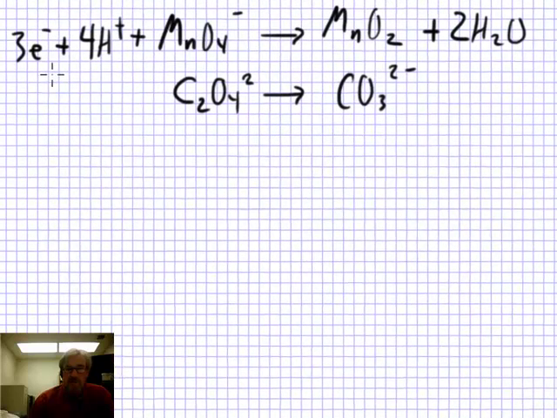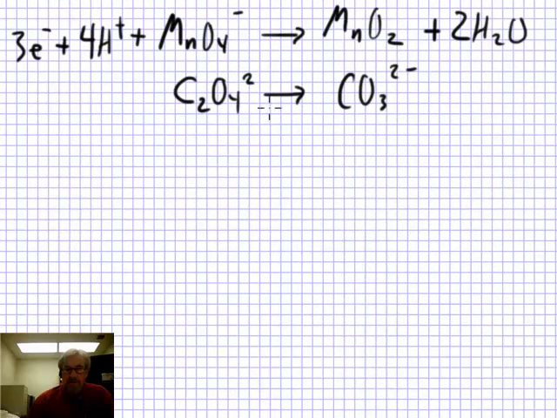Moving to the second half reaction, the oxidation, I have 2 carbons on the left but only 1 on the right. So I'll balance carbon by putting a 2 in front of carbonate. That gives me 6 O's on the right. On the left I have only 4 O's. So that means I'm going to need additional oxygens on the left. 2 more, in fact, so I'll add 2 waters because that's how I balance oxygen.